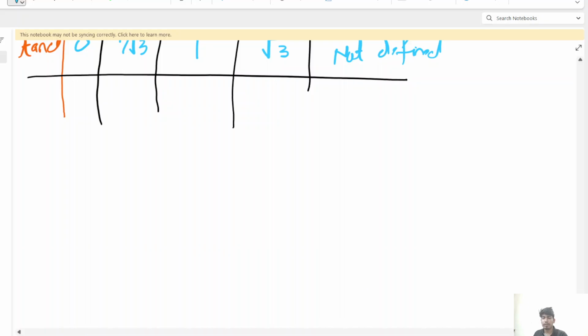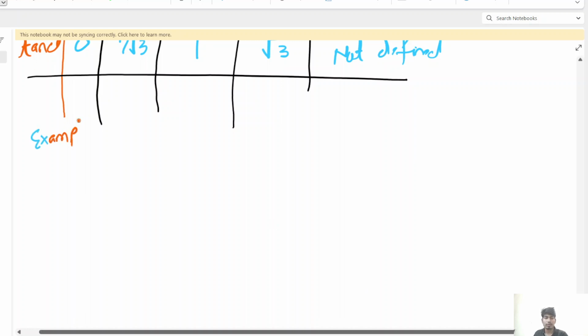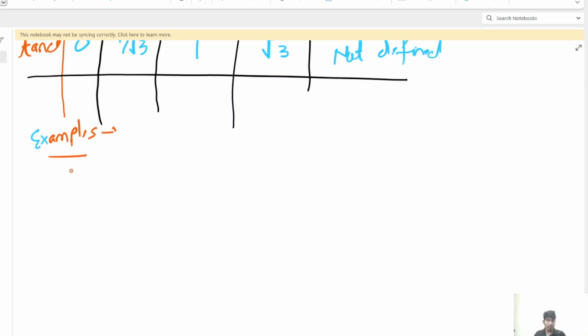So what do we do in this? Some examples. First is find the value of sine 1050 degree. We have to find this value.